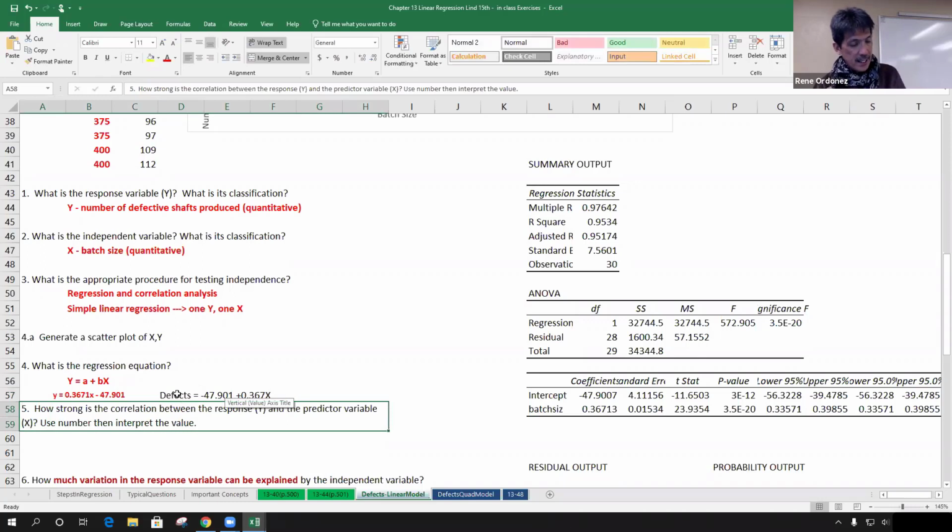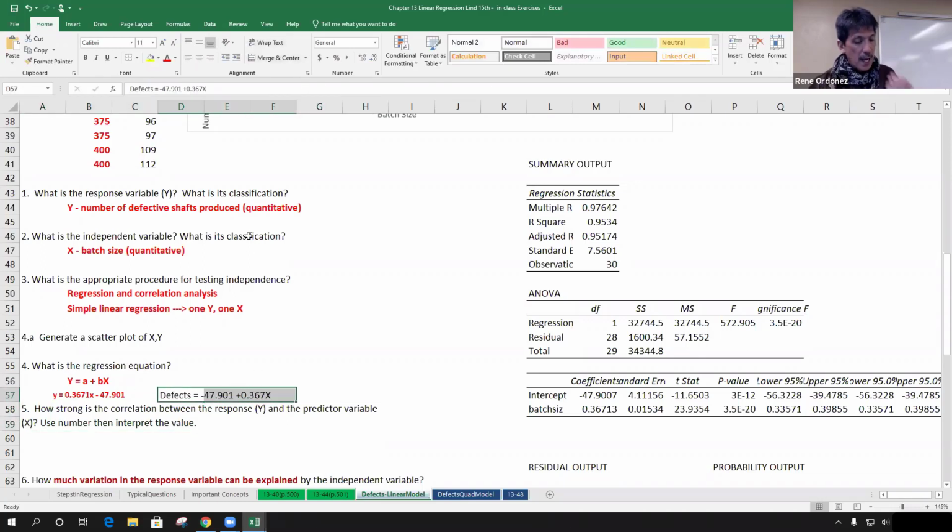Okay, so that is probably a better way of expressing the linear equation. Oh, and instead of x, I'm going to use the variable name batch size.